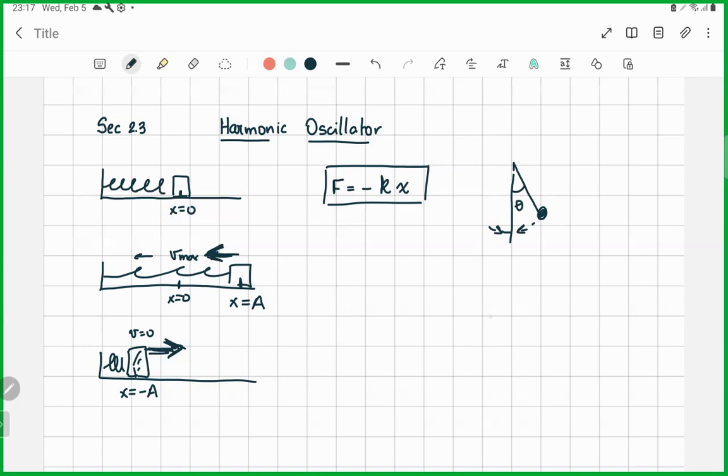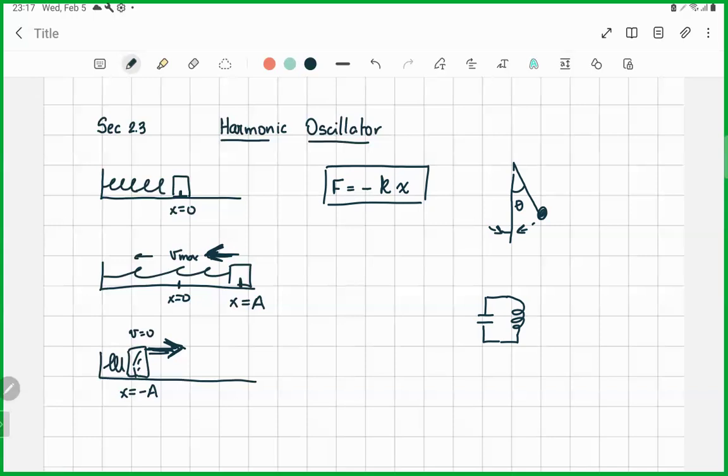Another example is the LC circuit. What is the LC circuit? You have a capacitor and an inductor. When it's maximally charged, you have big potential energy. As it's discharging, you have the current going through the circuit. So you go again in this back and forth motion.